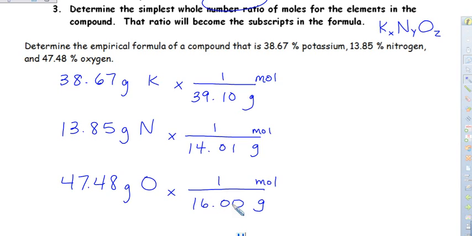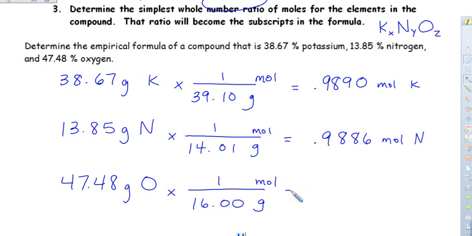I guess my originals all have about 4 sig figs. So maybe 0.9890 moles of potassium. 13.85 divided by 14.01, 0.9886 moles of nitrogen.